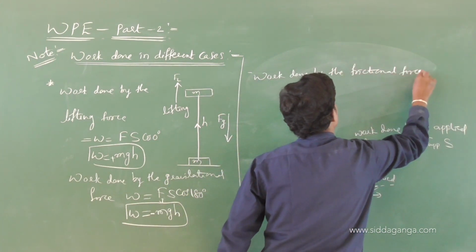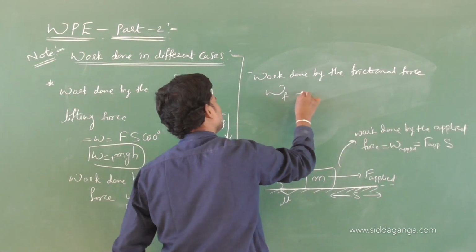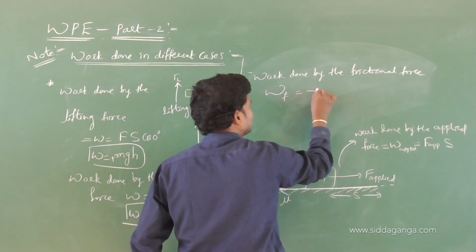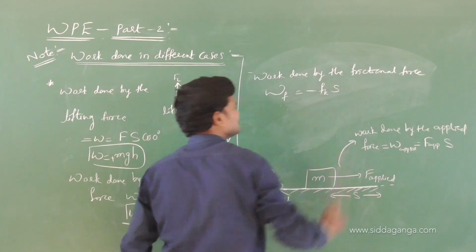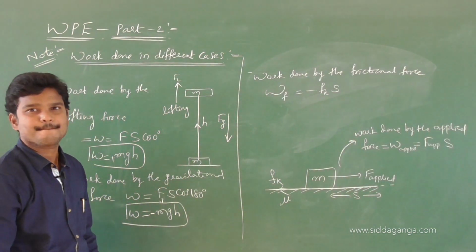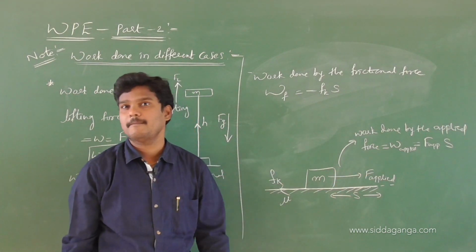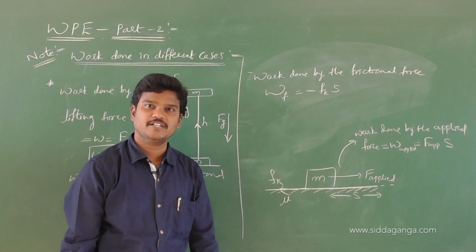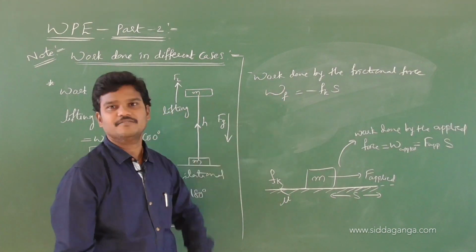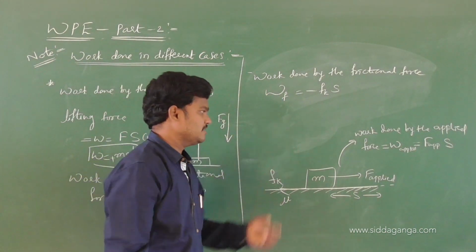Shall I write Fk into S? Why Fk into S? Fk is to the left side, S is to the right side. Angle between them 180. Cos 180 is minus 1, so minus Fk S.